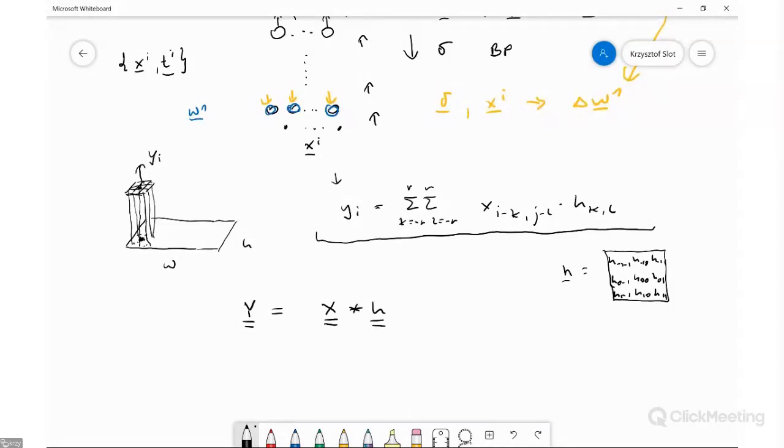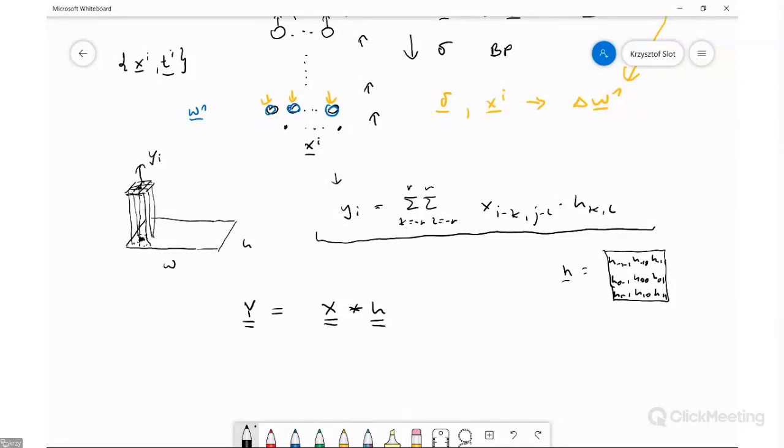So now we have two-dimensional data, and everything that I said for one-dimensional convolution applies here as well. For example, if I don't use padding, my output matrix will have a smaller dimension than my input. If I would like to make it the same, then I need to use padding.